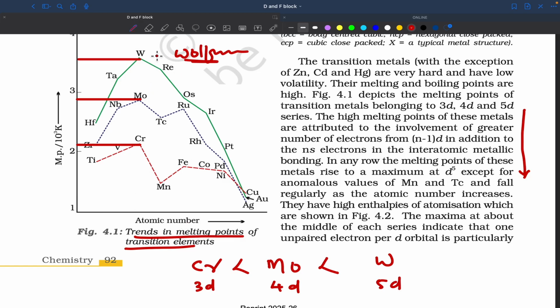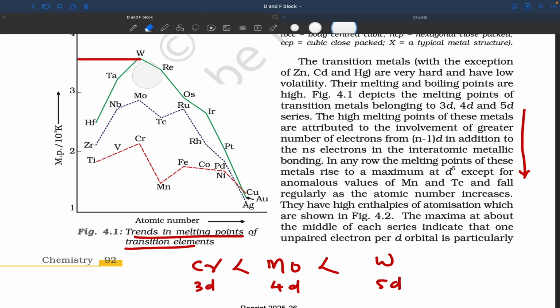That's why it is used in electric bulbs as filament, because even at the highest temperature it will not burst out, it stays intact. That's why this one is asked.